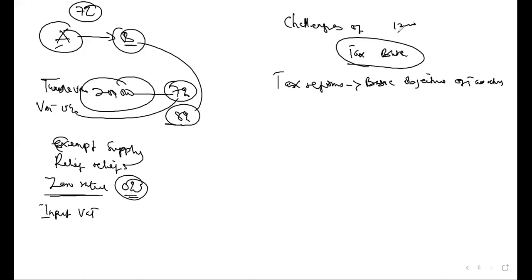Child education previously was 200 cedis; by now they've increased it to 600. So reforms is about changing the tax base, or giving a relief or credit to the taxpayers. That's the basic objective of tax reforms.